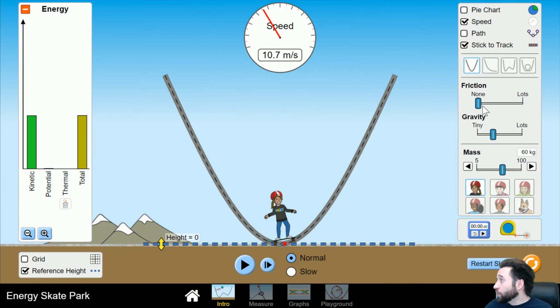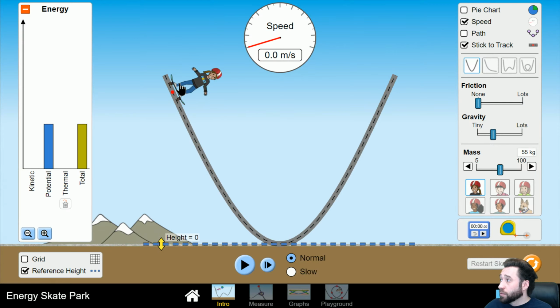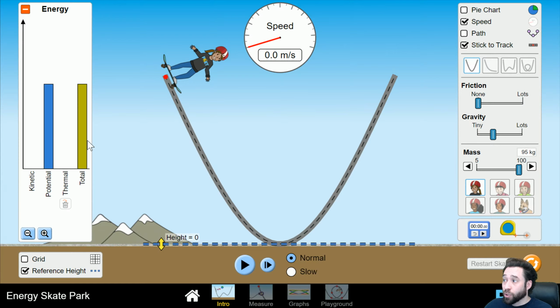Okay. So if I increase the mass, let's see what happens. The total amount of energy increased. So as I increase the mass, the total amount of energy increases, so I have a greater potential energy.